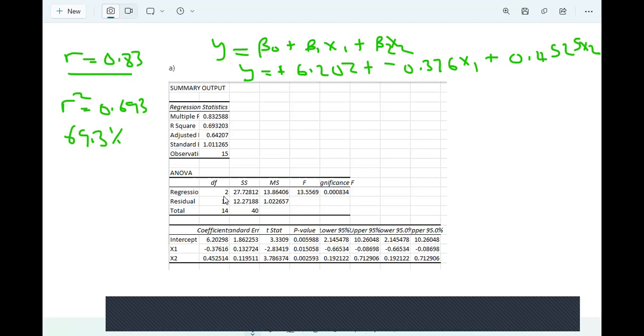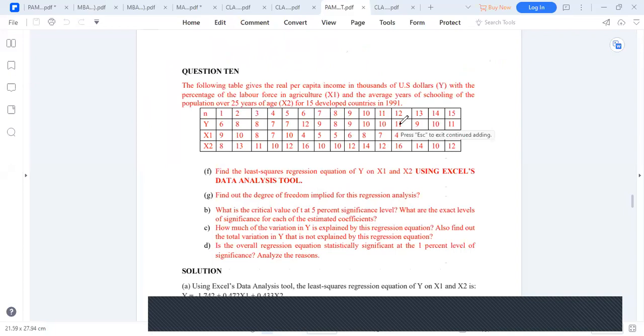So from that regression equation, based on our initial data, which talks about the following table, gives the per capita income of households in US dollars, Y, with a percentage of labor force in agriculture, which is X1, and the average schooling of the population over 25 years of age, X2, for 15 developed countries in 1991. We want to interpret the data. First of all, we are told to come up with a regression equation, which we have done there.